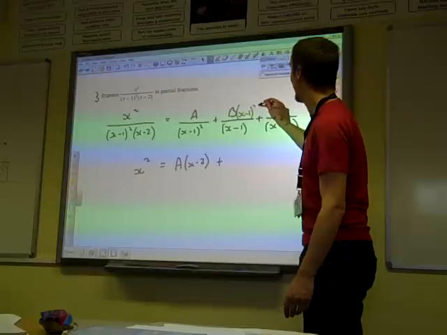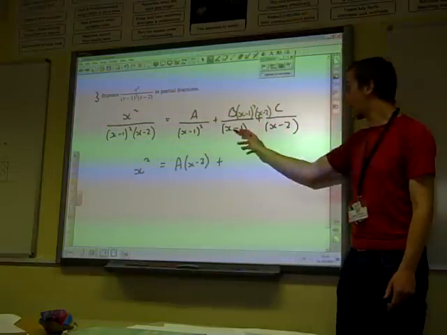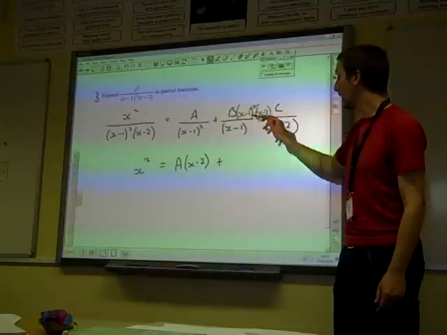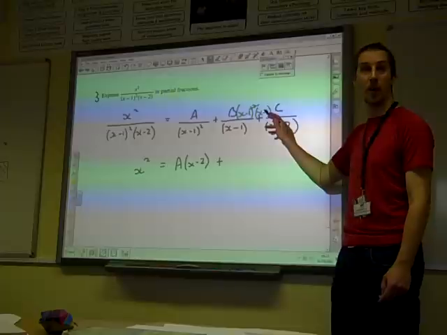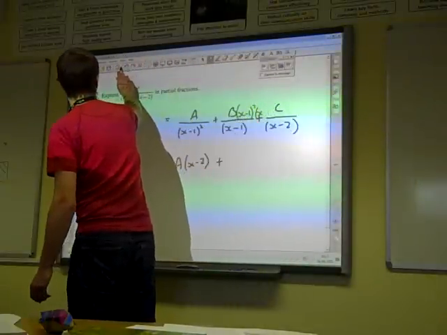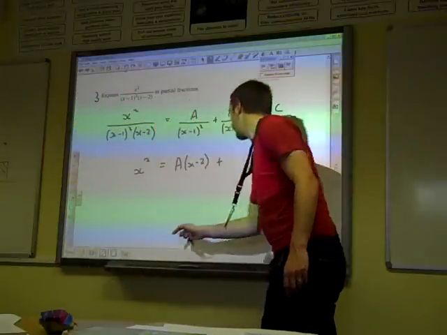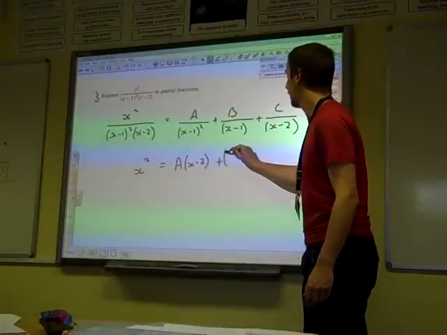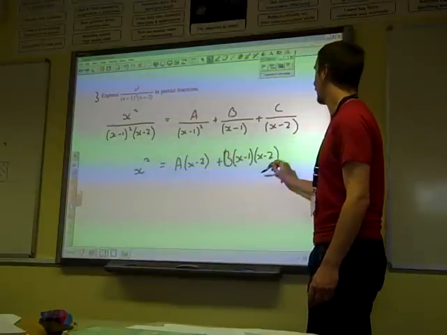If we multiply by that bit, can you see what would happen with this one? The x minus 1 would cancel out with one of those x minus 1s, and so we'd still have x minus 1, x minus 2 multiplying b. So here we have b times x minus 1, x minus 2.